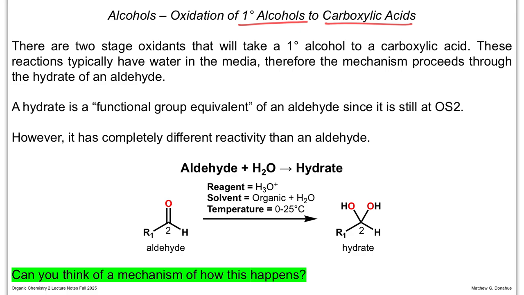As we can see from the aldehyde, that aldehyde only has one oxygen, but a carboxylic acid has two. So where does that second oxygen come from?